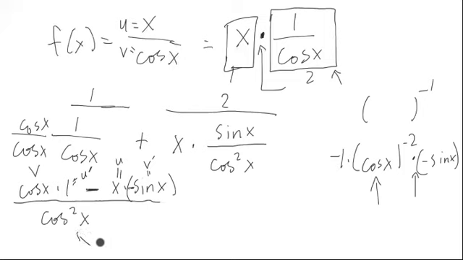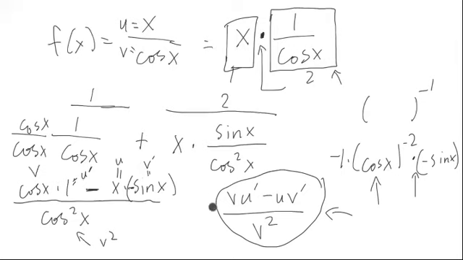And this right here is v squared. In fact, we get a nice formula, v u prime minus u v prime all over v squared. This is called the quotient rule, specific for quotients. And what it does is it does this chain mechanism right here and the boxing of the product rule. And then it adds fractions, and it does it all in one go.